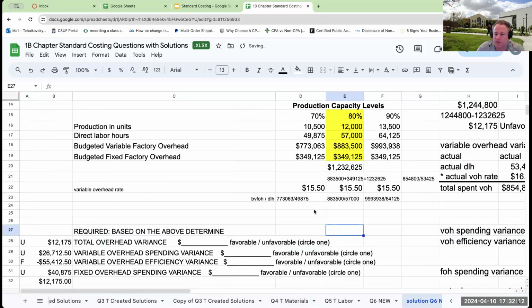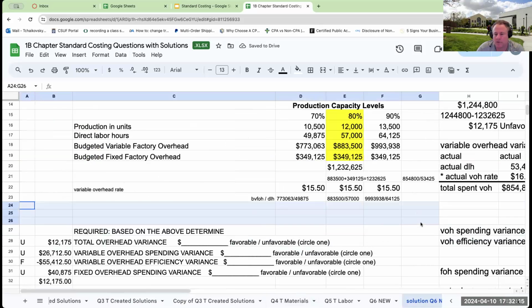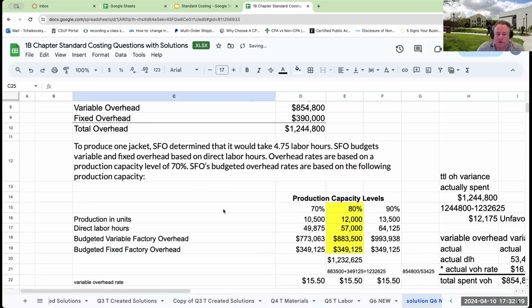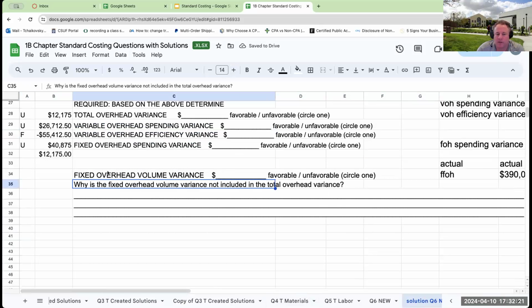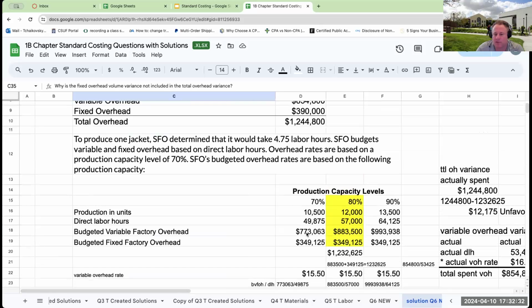So as I come over here, I'm looking at the fixed factory overhead. It basically says over here, the fixed overhead volume variance, right? And I also asked, why is the volume variance not included in the total overhead variance? We'll get to that momentarily.